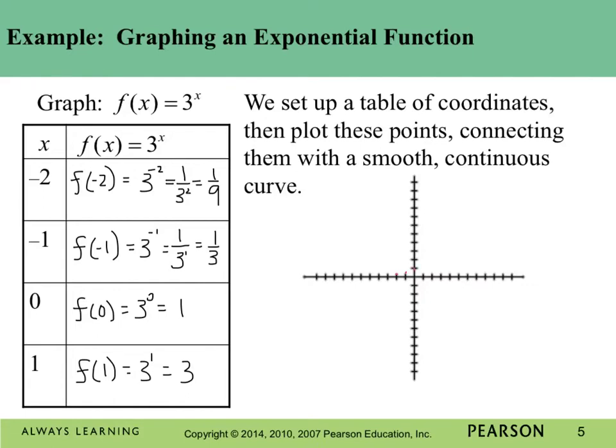And then at 1, it's all the way up at 3. And if we continued on at 2, 3 squared is all the way up at 9. So go over to the right 2 and up 1, 2, 3, 4, 5, 6, 7, 8, 9. And about there. So you can see how this function is looking.